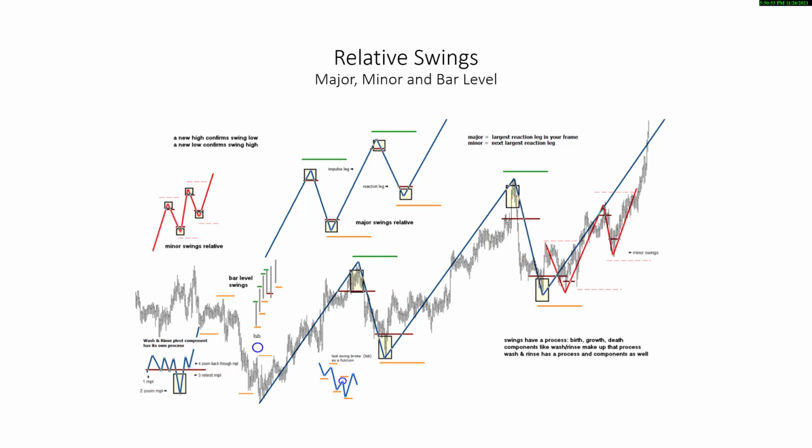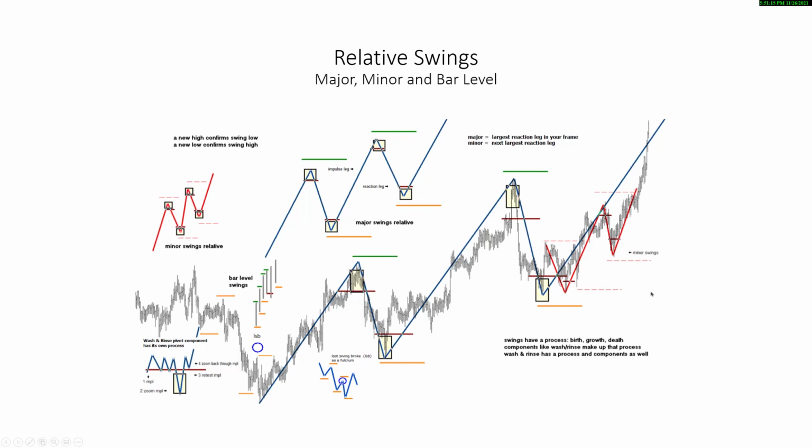So those are the definitions. It's pretty objective, and I've done a lot of blogs on that. And you can see the principles in play, right? Everything, the swing has a birth, a growth, a death, and then it starts all over again.